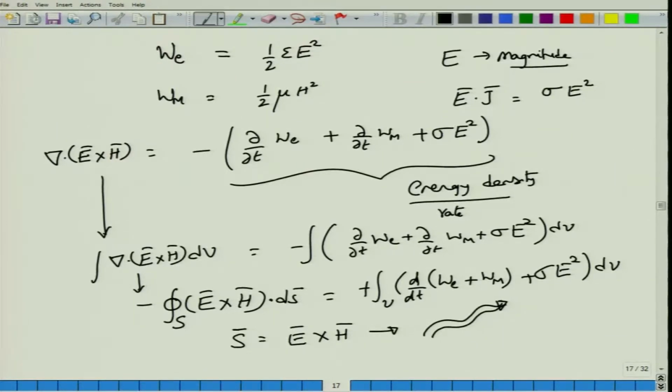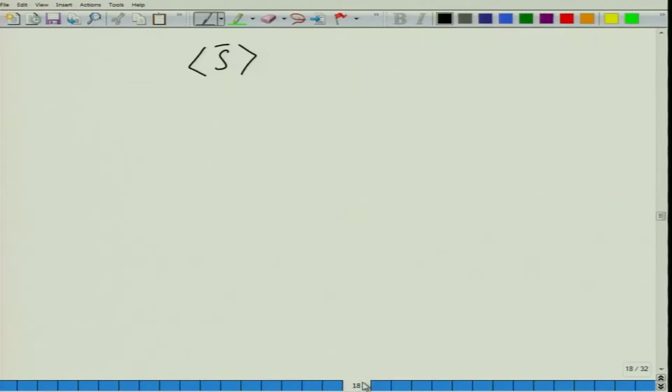So this Poynting vector S, if you take the time averaged value, will be given by half the real part of E cross H complex conjugate. I won't prove this relationship to you. This can be proved easily by actually calculating the electric field and calculating the magnetic field.